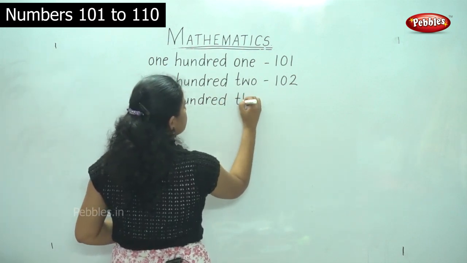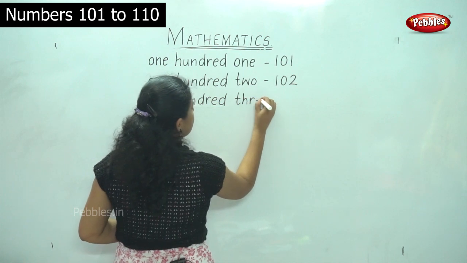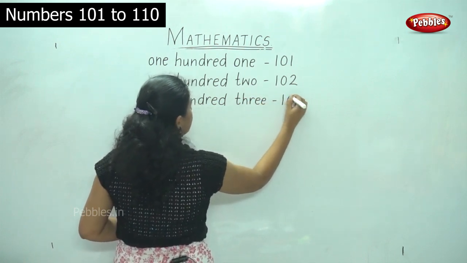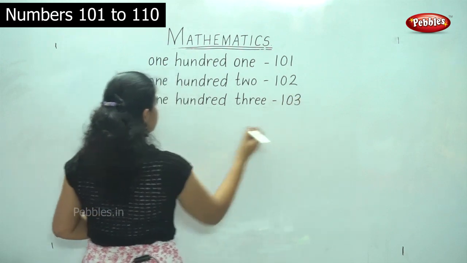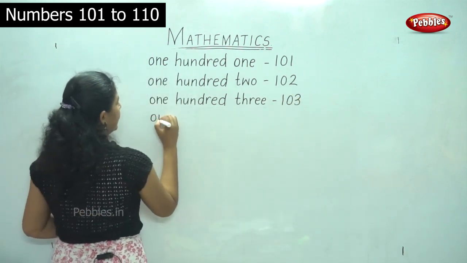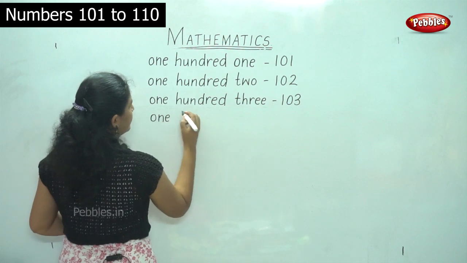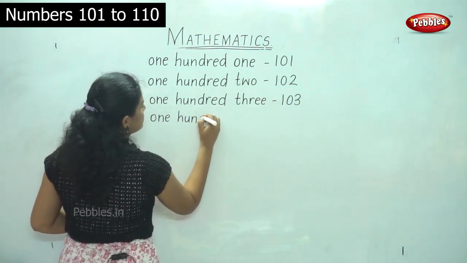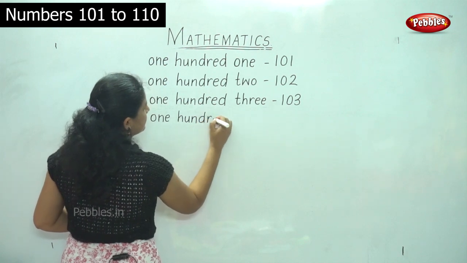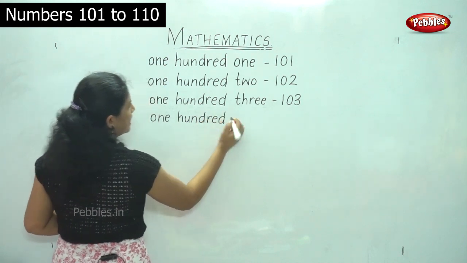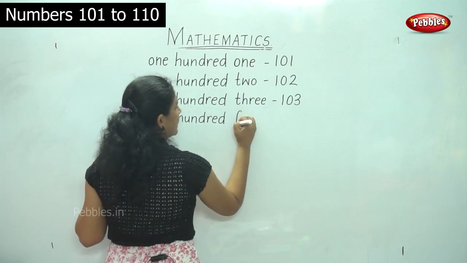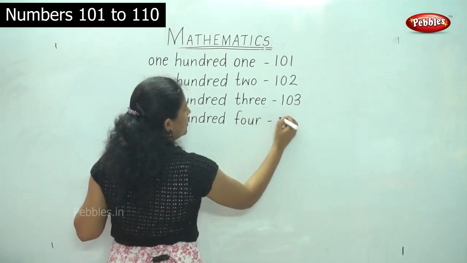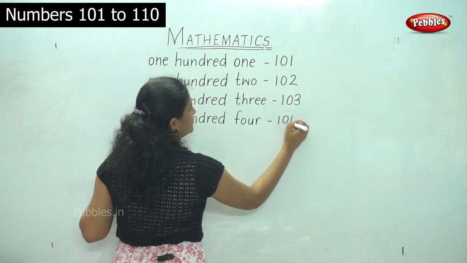T-H-R-E-E, 3. 103. O-N-E, 1, H-U-N-D-R-E-D, 104. F-O-U-R, 4, 104.